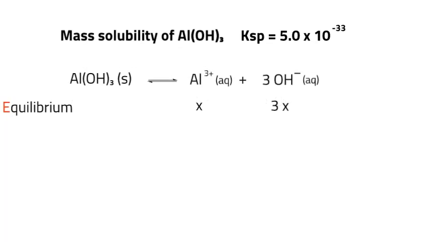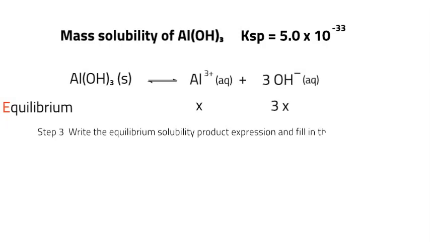The third step is to write the solubility product expression and also fill in the data. The equilibrium solubility product expression is Ksp is equal to the concentration of aluminum 3+ times the concentration of OH minus to the power of 3.